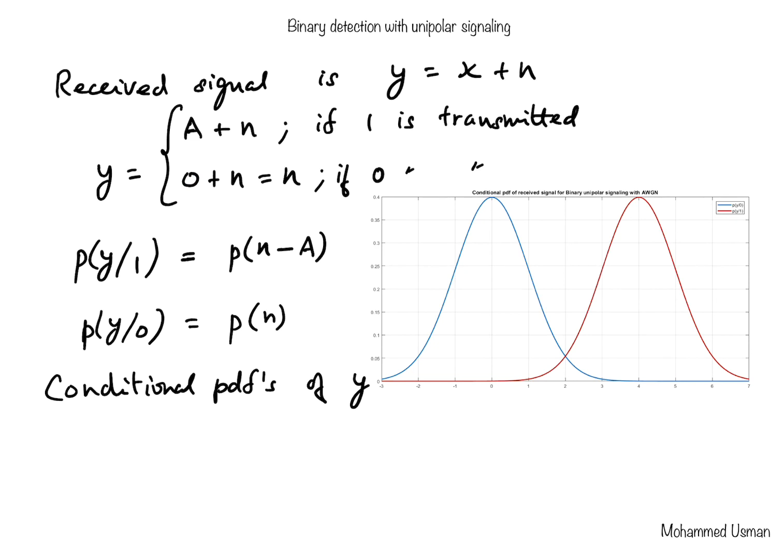It's 0 plus noise, which is simply the noise, and the noise PDF is zero-mean Gaussian noise centered on 0. And when a 1 is transmitted, a constant value of A is added to the noise, so the PDF gets shifted by A volt, and when you shift it by A volt, it comes to A volt.